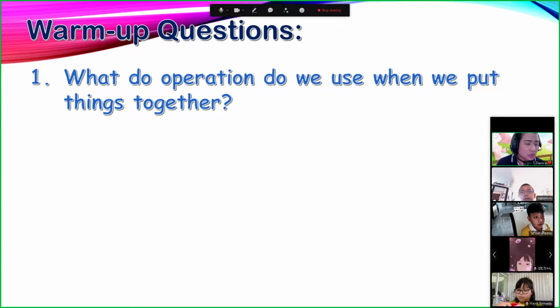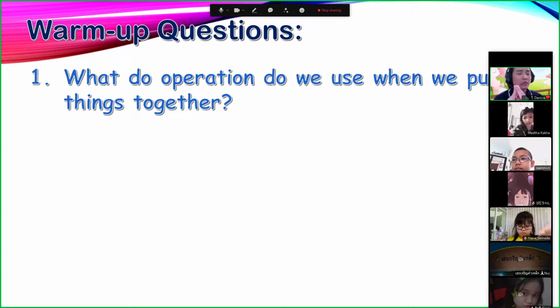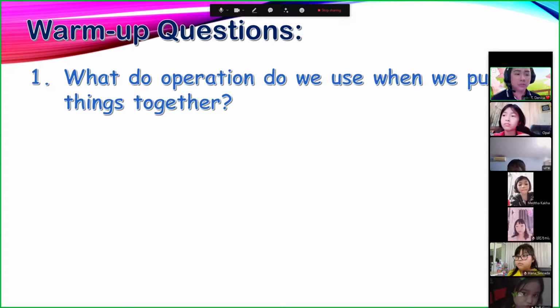When you want to put things together, like for example, you have 2 apples and 2 apples, what operation do we use? Is it addition, subtraction, multiplication, or division? Addition. Very good. Addition or plus.